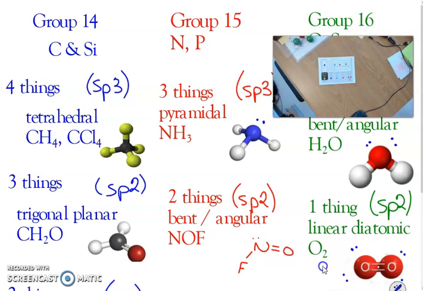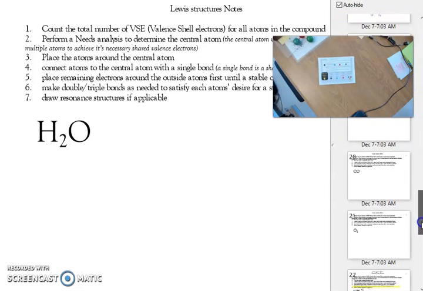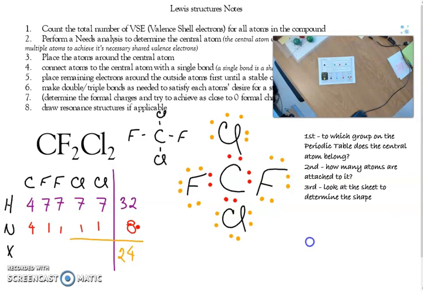Four things attached is going to be the tetrahedral shape. So the tetrahedral shape is the shape of this molecule. So we're going to jump back to our problem here. Now we know it's tetrahedral. That's our shape.